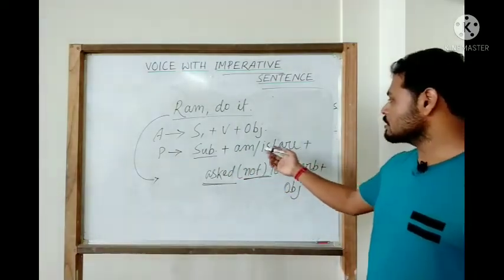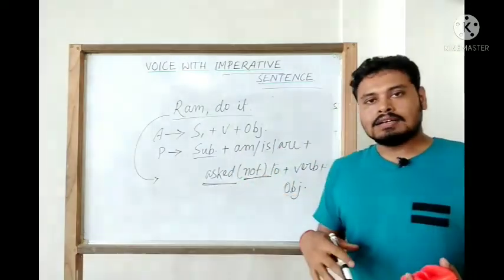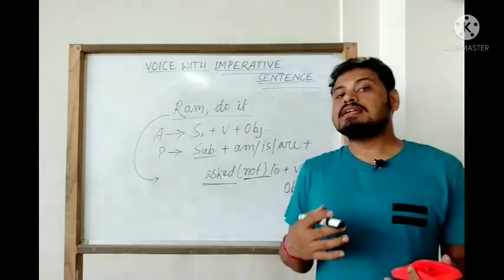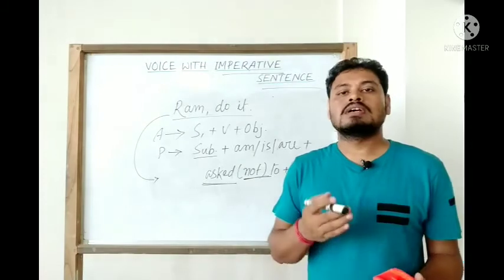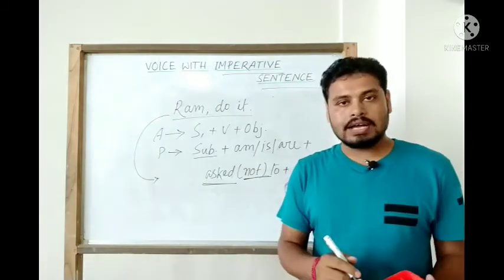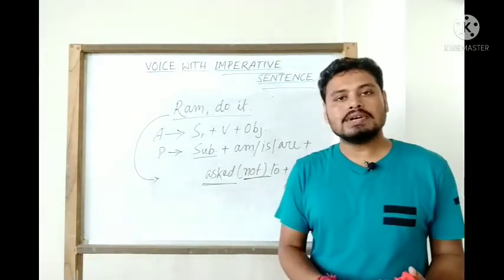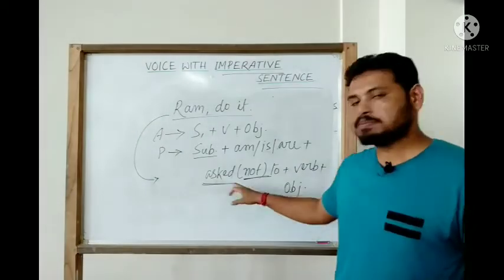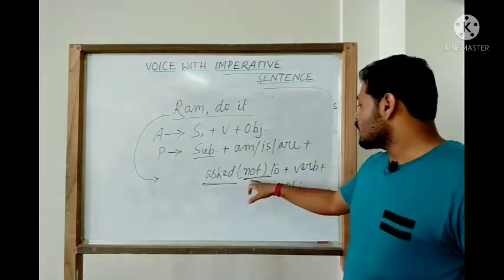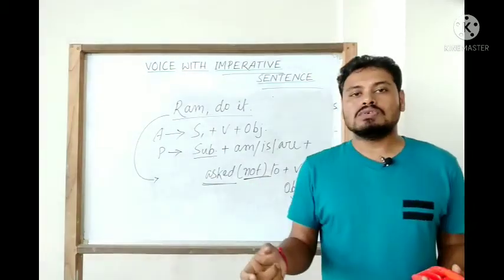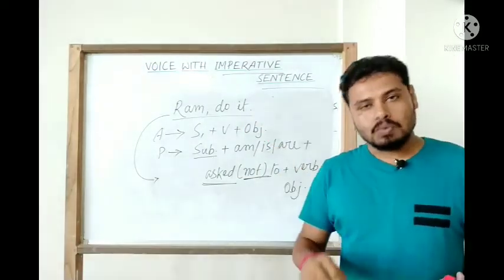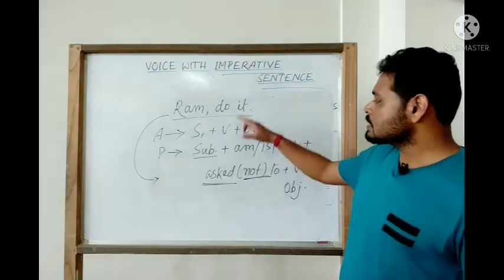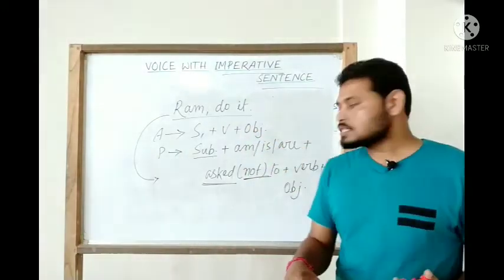Subject, am, is, are. Then it will definitely depend on the sense of the sentence. Asked, told, ordered, advised, requested, whatever it is, we have to put that as per the sentence. Then either to or not to. Why to if the sentence is in affirmative sense? Why not to if the sentence is in negative sense?